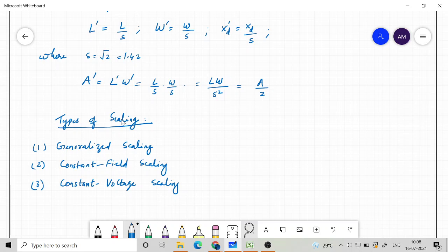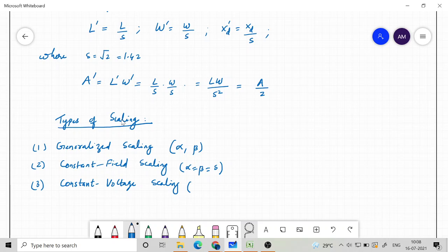In generalized scaling, we will have two parameters, which we will call alpha and beta. In constant field scaling there is only one parameter, that is basically S. Everything is scaled by the same parameter, or you can say alpha is equal to beta is equal to S. It's a special case of generalized scaling.